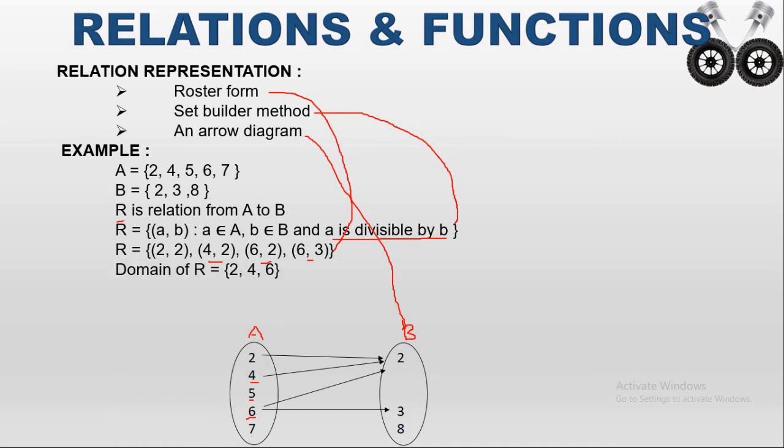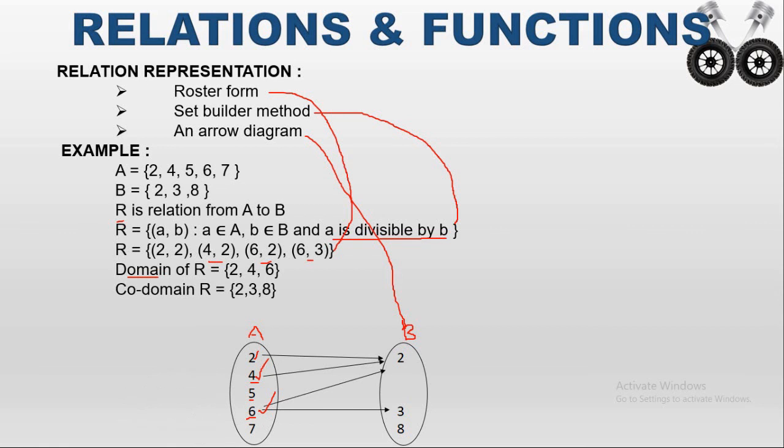Next you can write the domain. What is the domain? The permissible input. From what inputs do you get here? You are giving the input from 2, then 4, and then 6. So the domain of R = {2, 4, 6}. Next is the codomain. What is the codomain? Possible output.